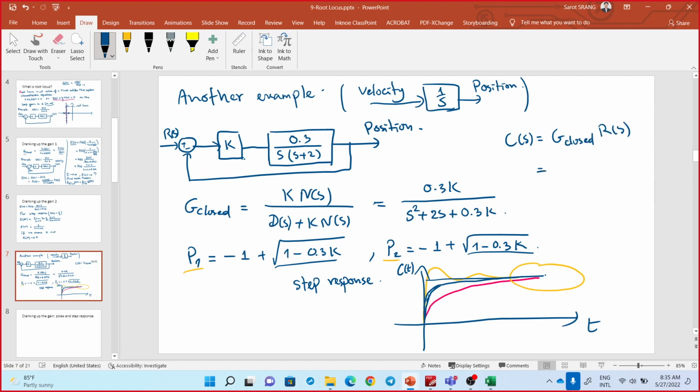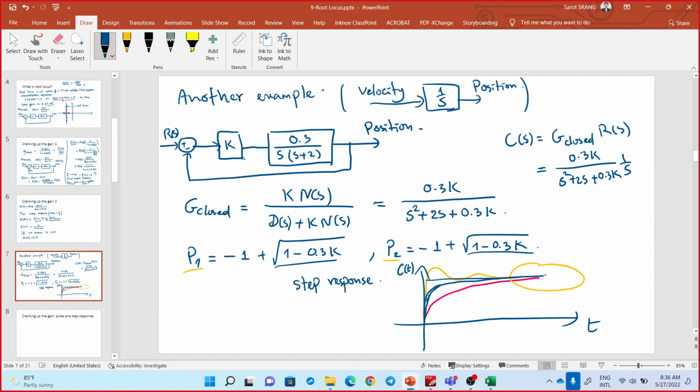For a step response, R of s is 1 over s, and G closed loop is 0.3k over s squared plus 2s plus 0.3k.